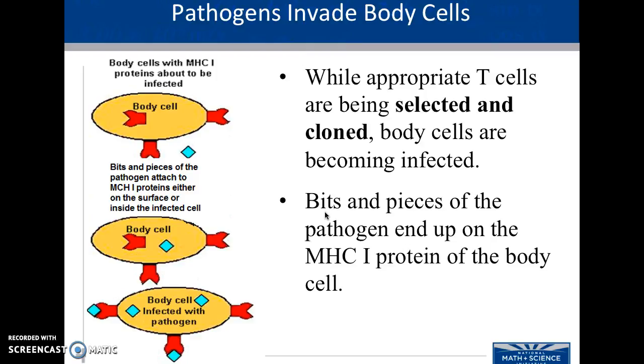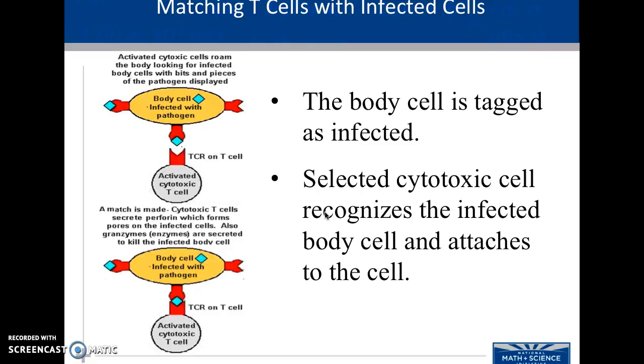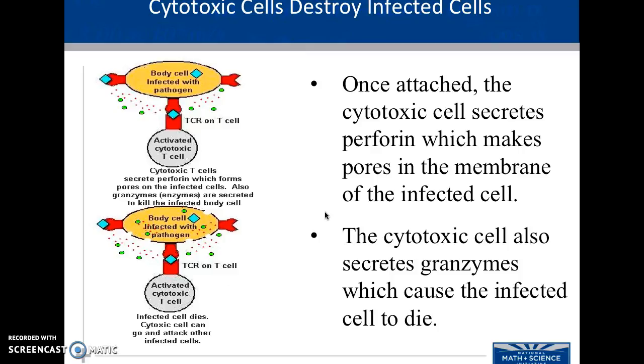While the appropriate T cells are being selected in clones, body cells are becoming infected. Bits and pieces of the pathogen end up on the MHC1 proteins of all different types of body cells. The body cell is tagged as infected, and selected cytotoxic cells recognize that and attach to the cells. And remember, now my T cells have become cytotoxic cells.